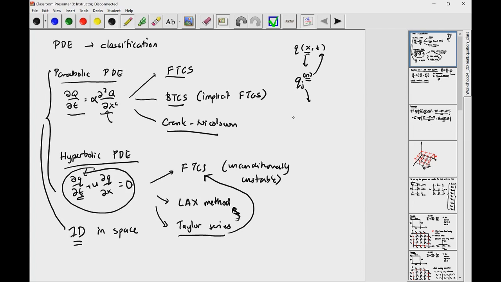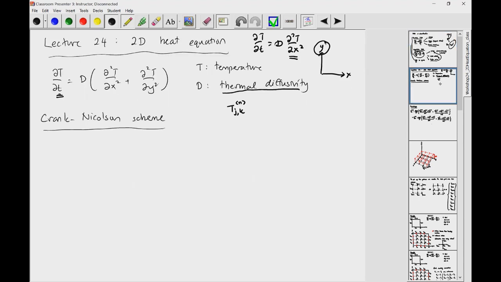A lot of students during exams like to write T_j^n or q_j^n or even q_jk like this, and they refer to k as the time index. I will deduct marks for this because I specifically said in class, subscripts are reserved for space dimensions.